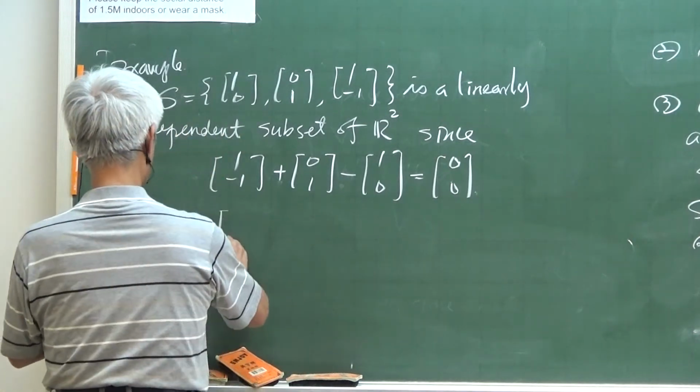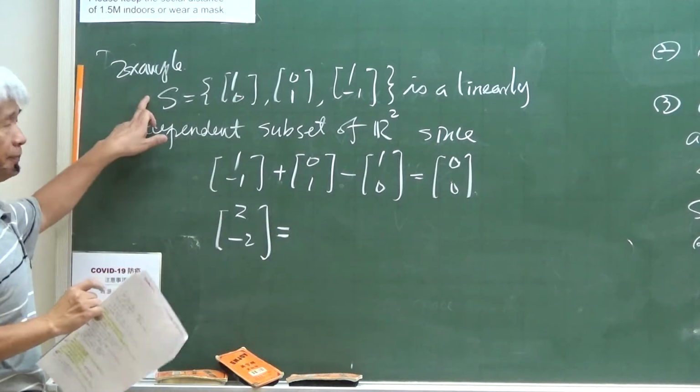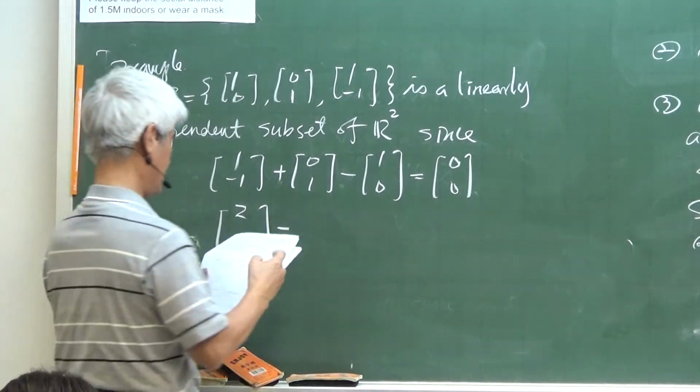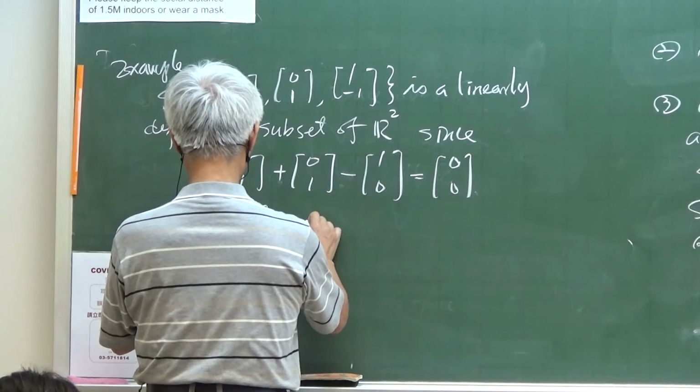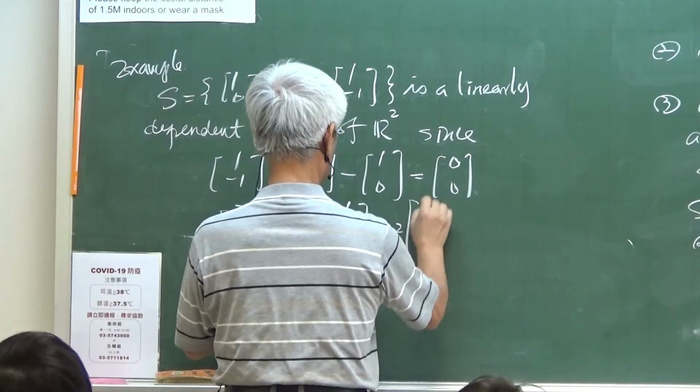Okay, so now we see that this vector is in the span of S. Why? Because this vector can be written in this way, minus 2, 1.